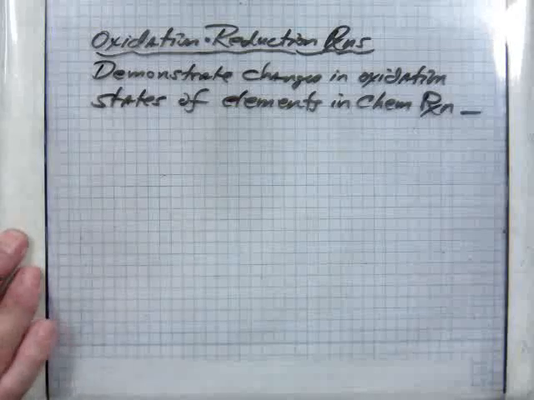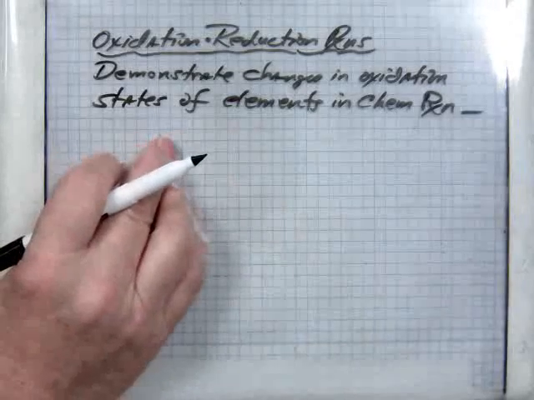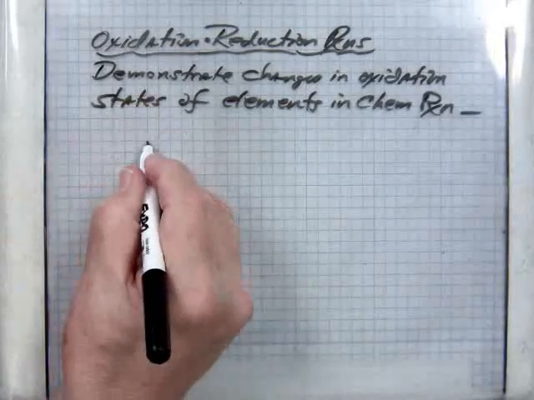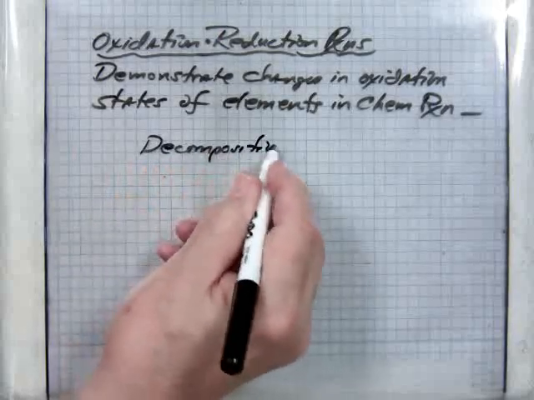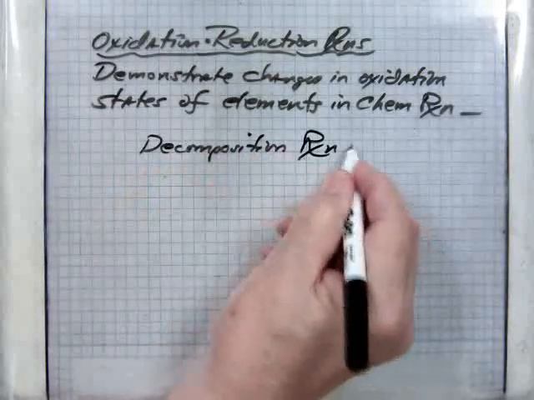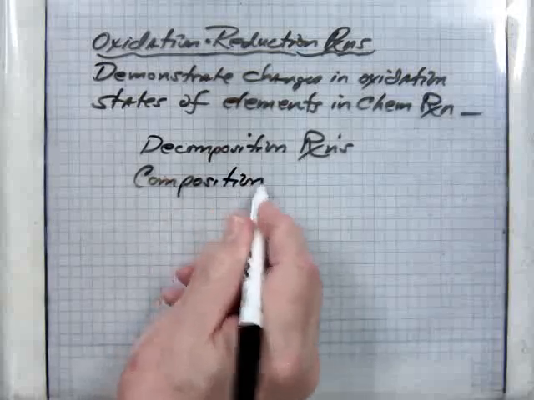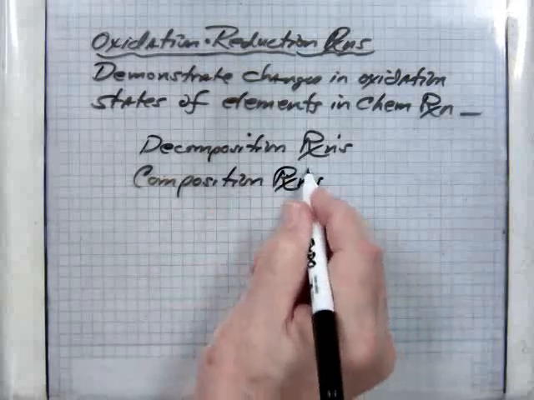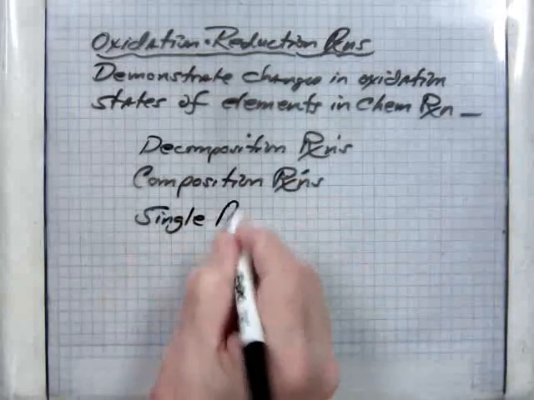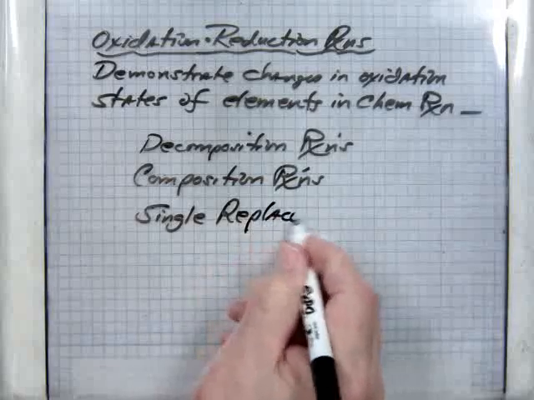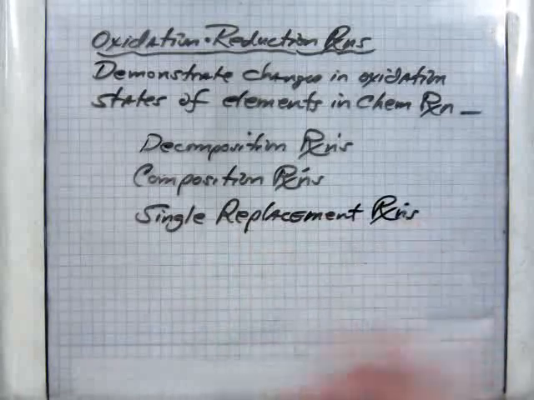A good example of the classes of oxidation reductions include decompositions, and composition reactions, and what we call single replacement reactions.